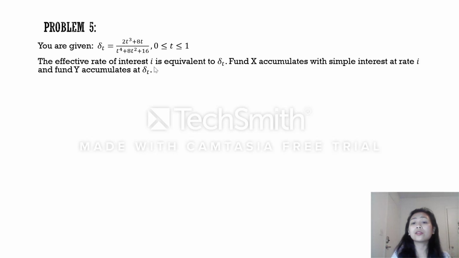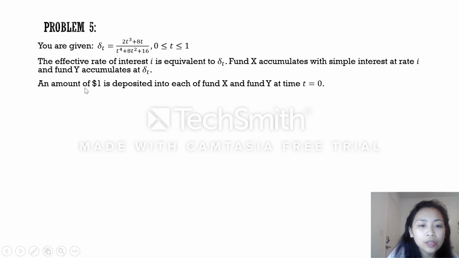Fund X accumulates with simple interest at rate I, and fund Y accumulates at delta t. So here's one more thing you need to pay attention to. I here is the effective rate of interest that is equivalent to delta t. However, fund X uses I as a simple interest rate, not an effective rate. So once you find the effective rate I, you have to use the simple interest formulas for fund X.